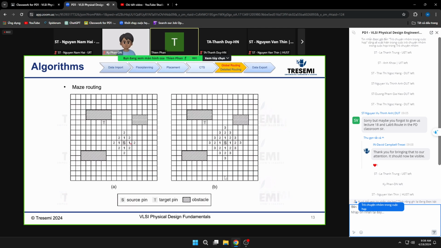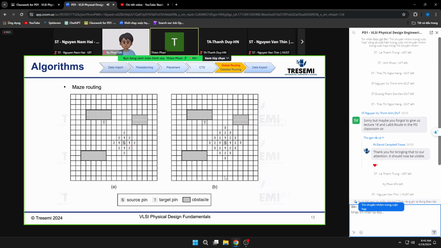This maze routing is sometimes called the wave, right? You start from your source and you march out, waving out, until you propagate the wave to the destination, and then you backtrack. So that's what it does here.